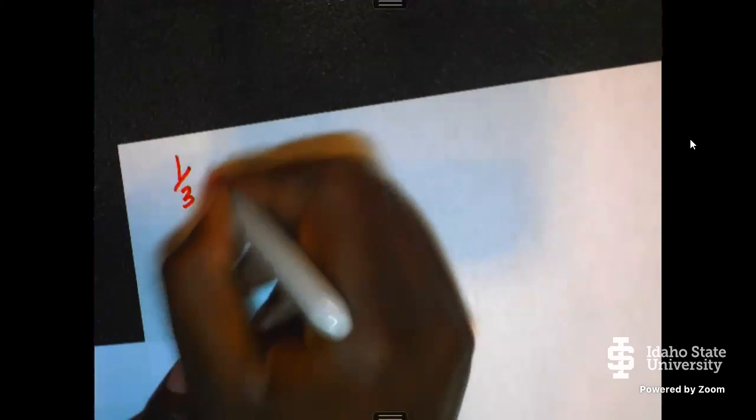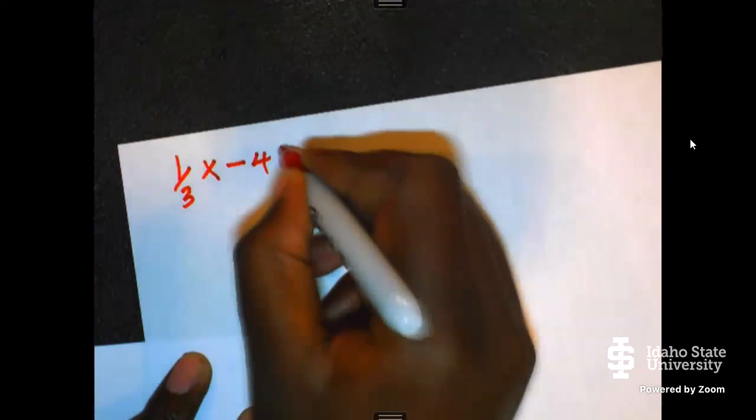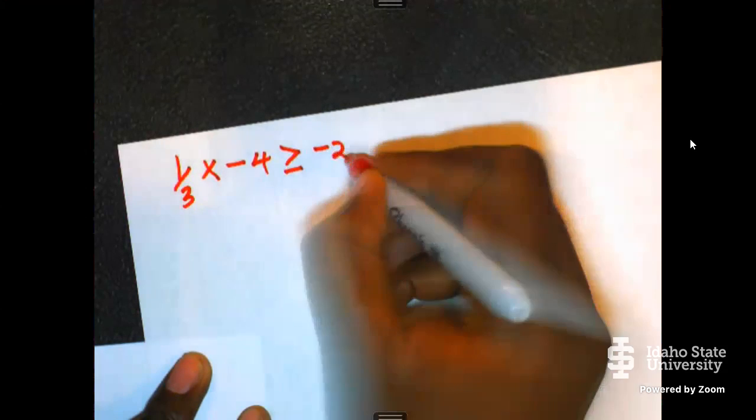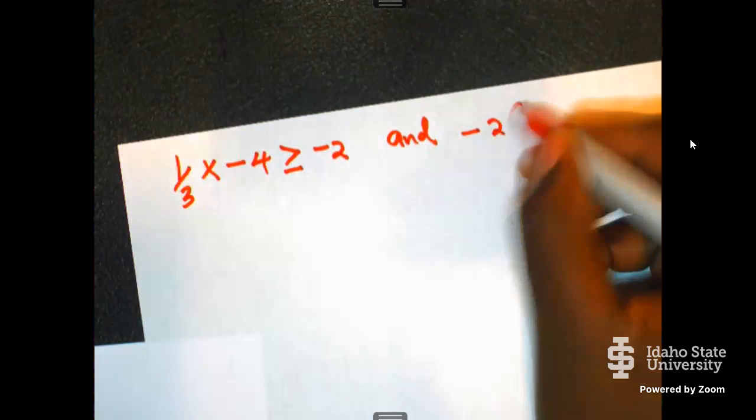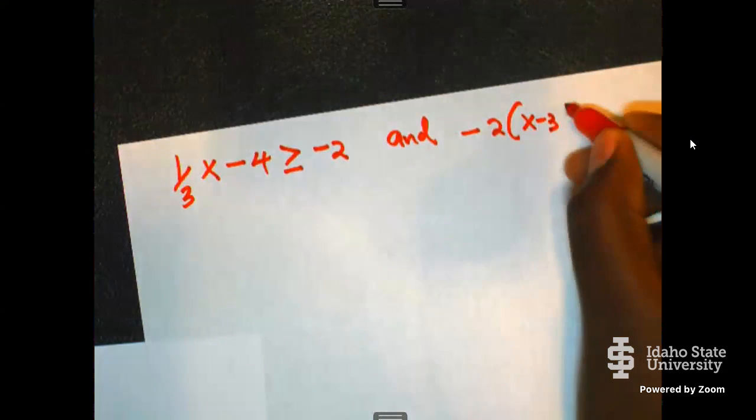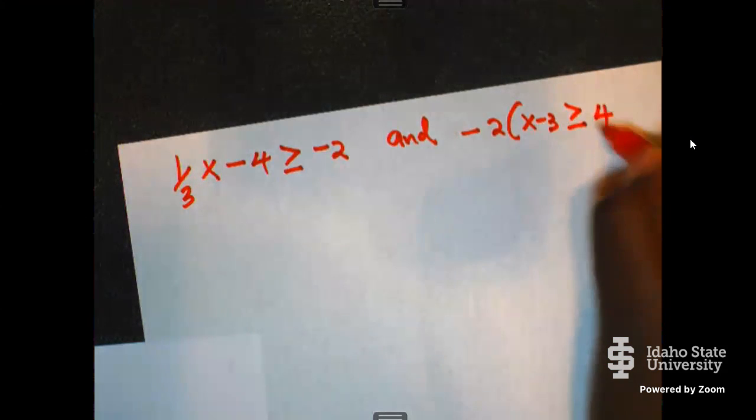Use the same procedure. So 1/3x minus 4 greater or equals to minus 2, and minus 2x minus 3 greater or equals to 4.